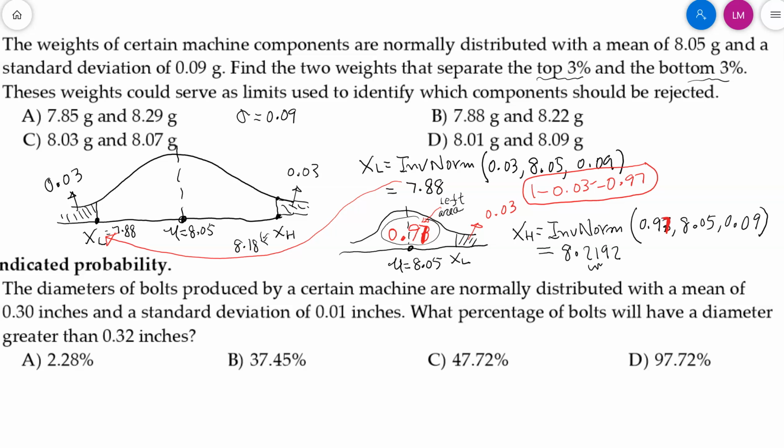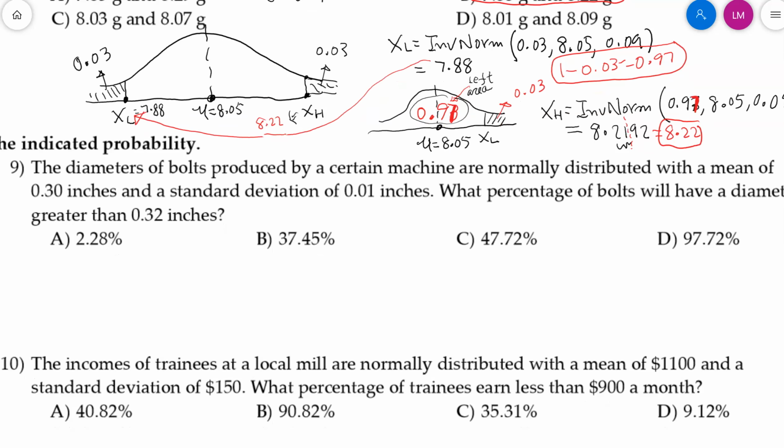If you round to two decimals, it is 8.22. So this is not 8.18, this is 8.22. So you get 7.88 and 8.22. Yes, the answer is B. Let's go to number 9.